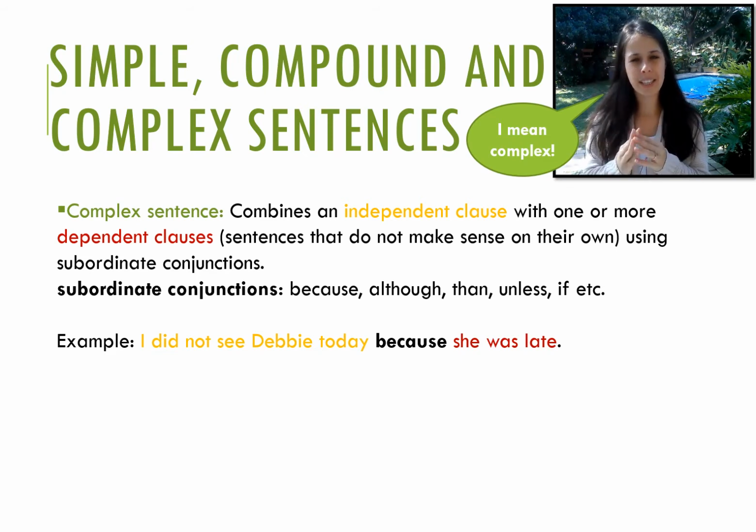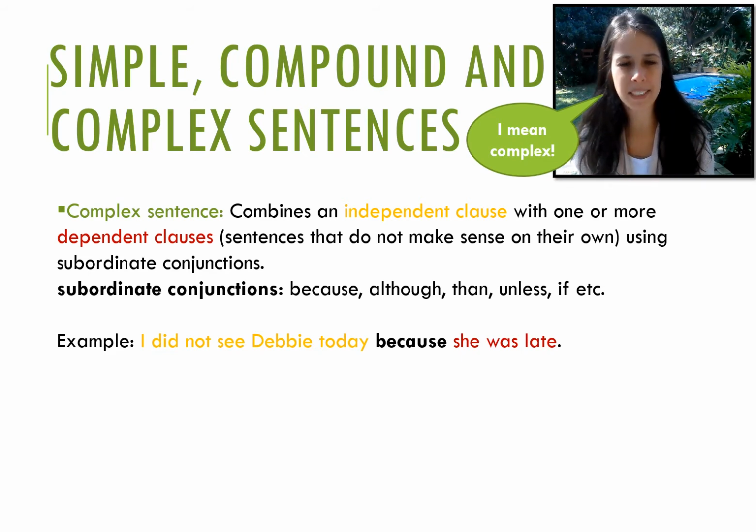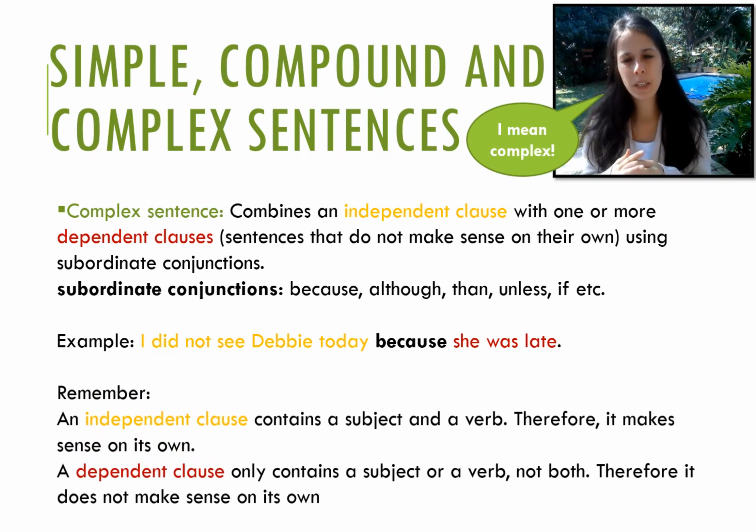So let's have a look at things to remember when it comes to complex sentences. An independent clause contains a subject and a verb. Remember, we saw that from simple sentences. Therefore, it makes sense on its own. A dependent clause only contains a subject or a verb, so it has one or the other, not both.